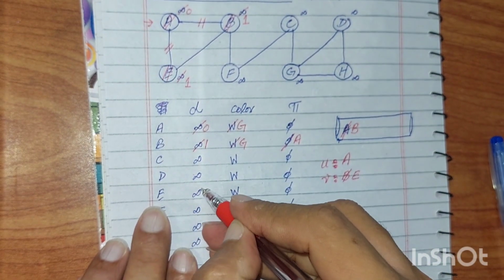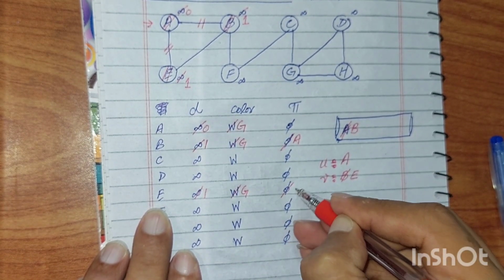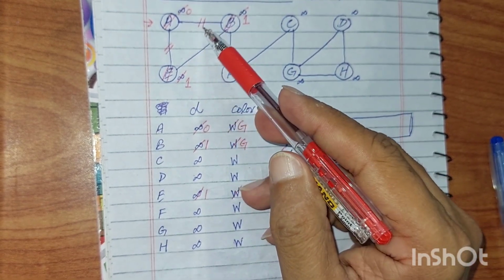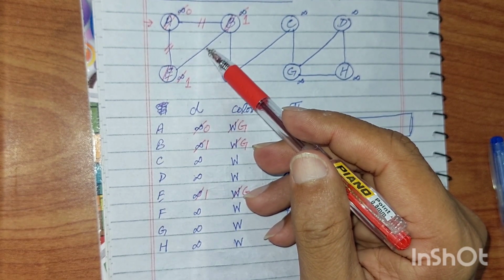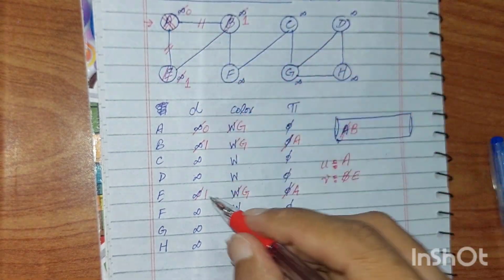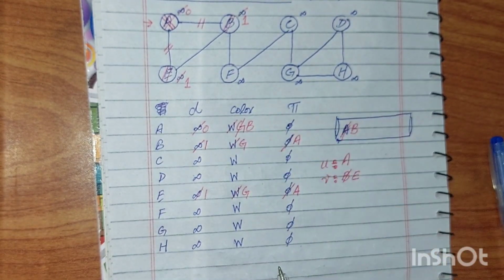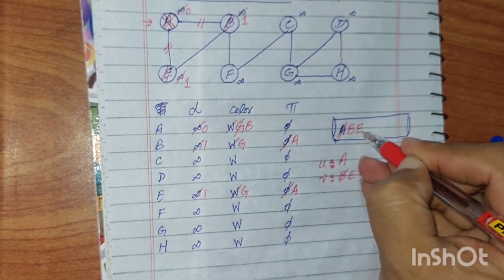So its distance is 1, its color is now gray, and its parent is A. Now there is no other neighbor of this one, so the loop of adjacents will terminate, and it will change the color of A from gray to black. That means it has played all its role in the execution of this algorithm.